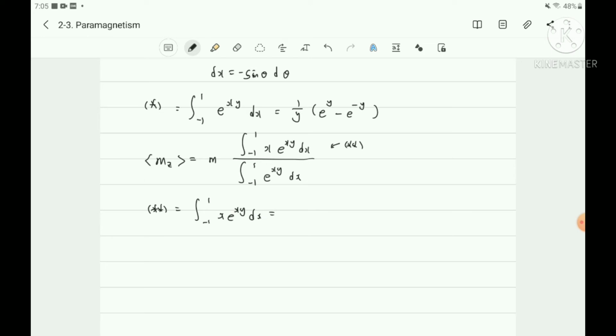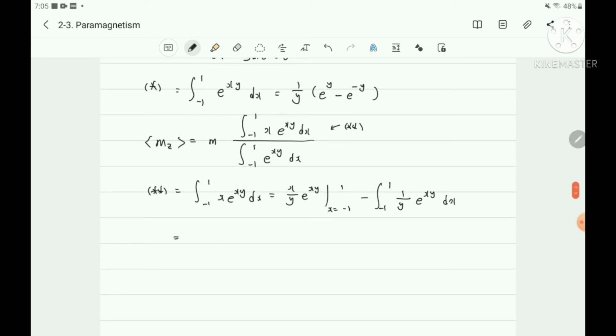The integral of exponential xy is 1 over y exponential xy, so x times 1 over y exponential xy evaluated from minus 1 to 1, minus the integral from minus 1 to 1 of 1 over y exponential xy dx. Then it is 1 over y (exponential y plus exponential minus y), and also minus 1 over y squared (exponential y minus exponential minus y).